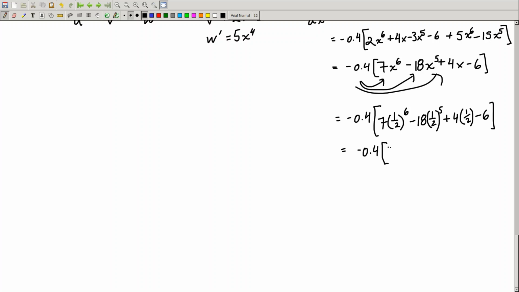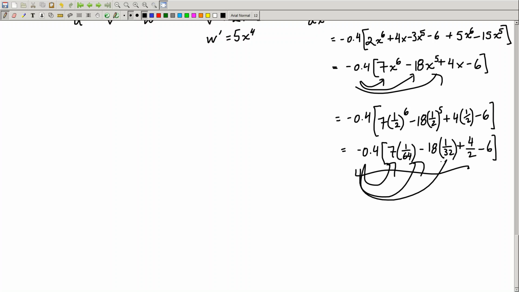So let's see. 1 over 2 to the power of 6 is 1 over 64. 1 over 2 to the power of 5 is 1 over 32. This is 4 over 2 minus 6. Once you figure out the common denominator, then you can distribute negative 0.4 in, and then you end up getting a value for the slope.